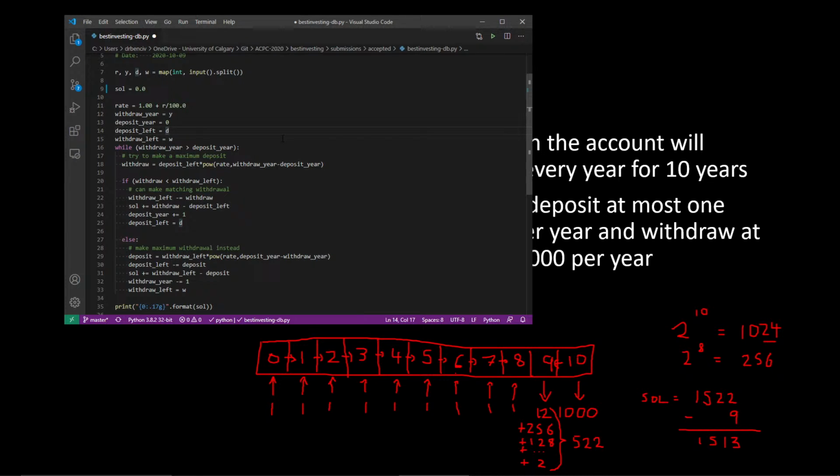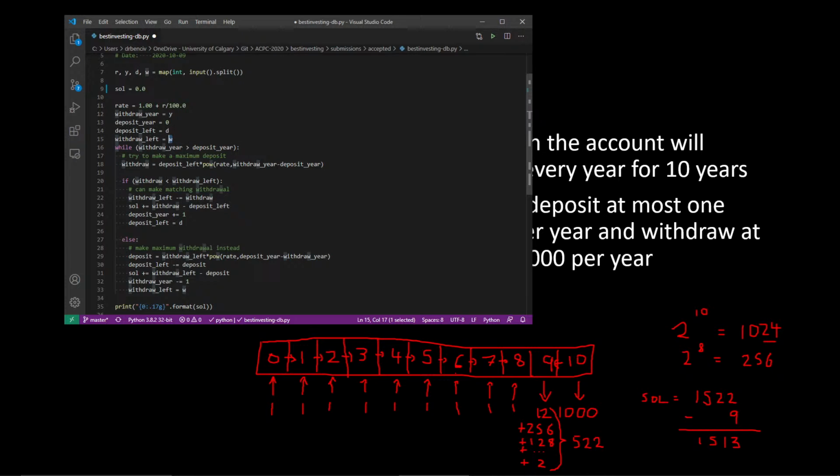Deposit left is telling you how much we have left in this particular deposit year that we can deposit into the account until we've reached our maximum. So we start at D because when we start, we can deposit up to D dollars. If we were to deposit some portion of this D dollars, then this deposit left is going to change, which I'll get into in more detail later.